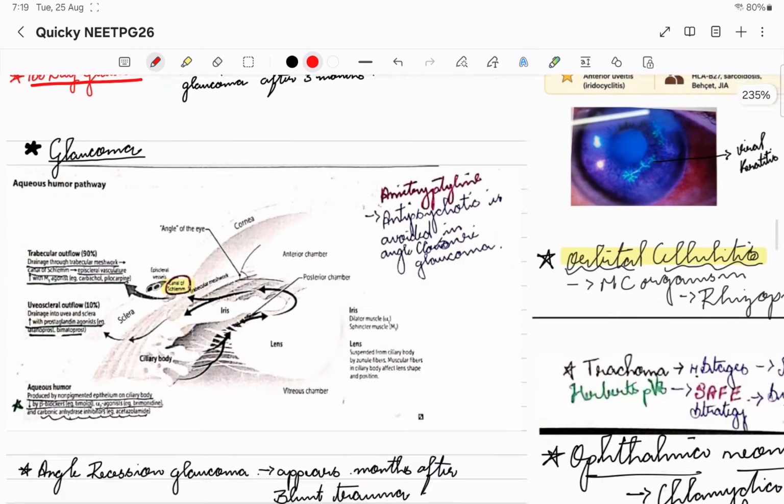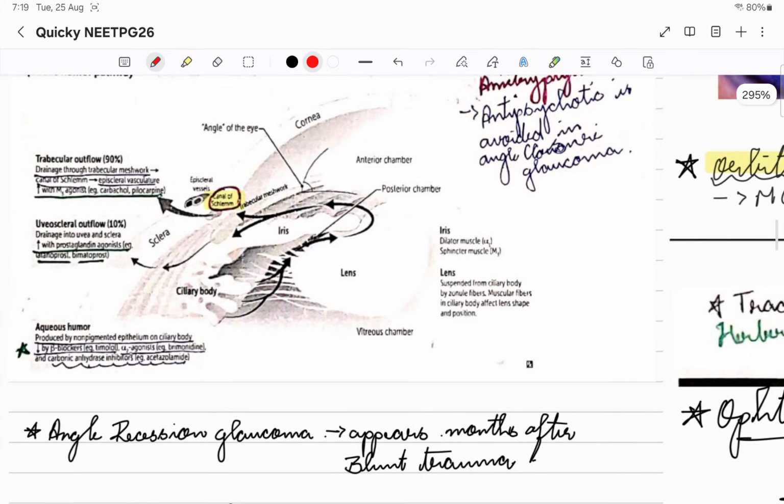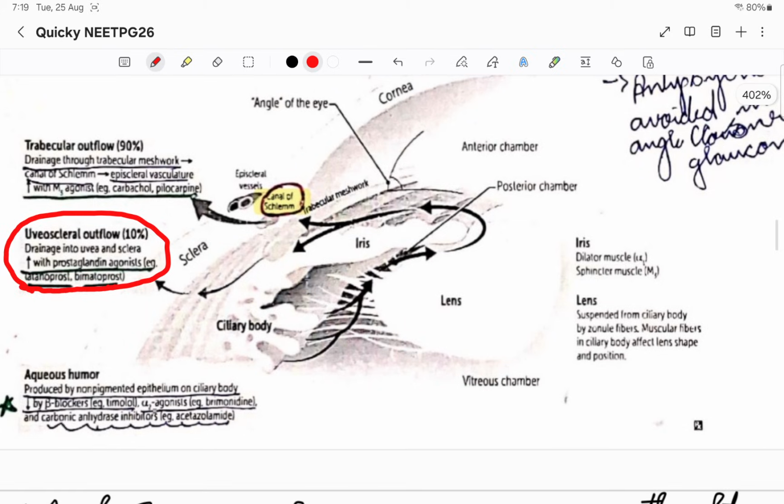Then coming to glaucoma treatments, I was telling you, you should remember latanoprost, bimatoprost and all these things. This is with respect to how we will be treating the drainage, the uveoscleral outflow. In the meshwork, I was explaining about the meshwork, this is the canal of Schlemm, the canal through which the aqueous humor will pass.